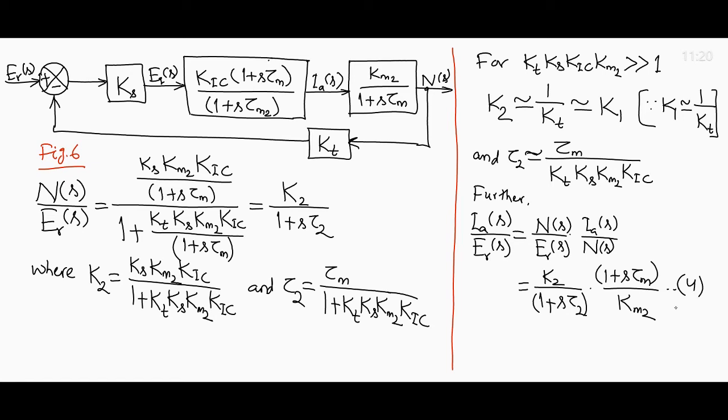So this equation number 4, which we have just derived, is not very different from equation 1, but it is true while current IA is less than the limiting value. Equation 4 becomes true when current IA is less than the limiting value.